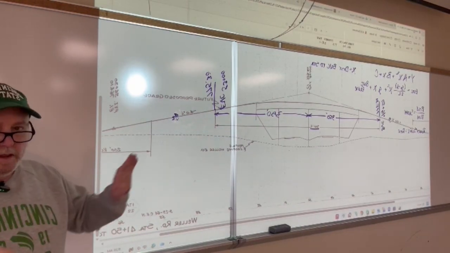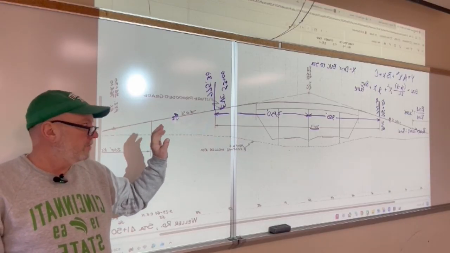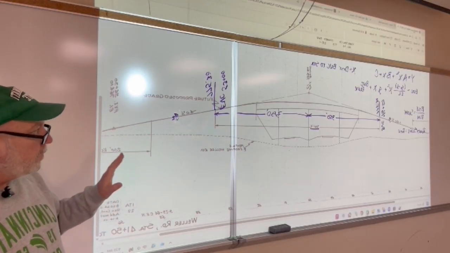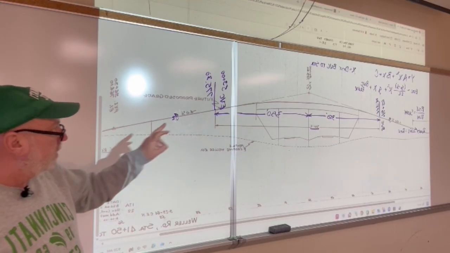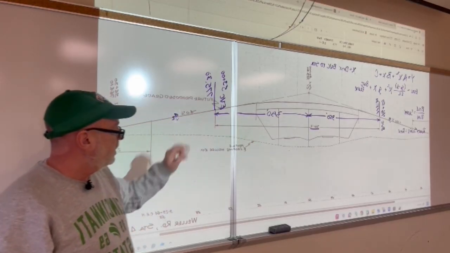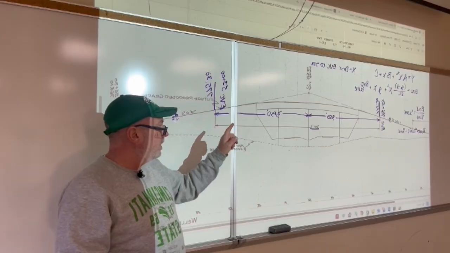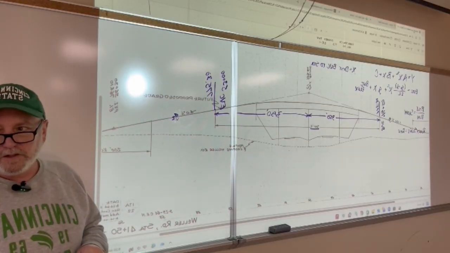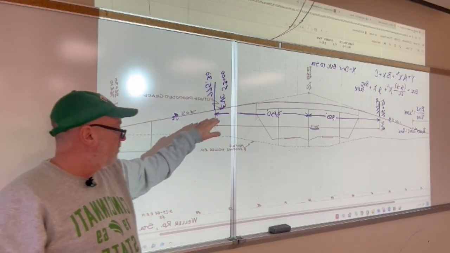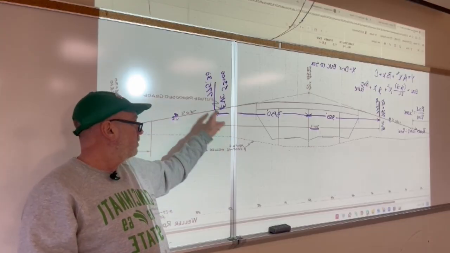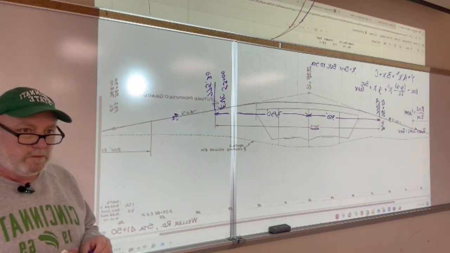This example works out this way, that the BVC and EVC elevations are the same because the grade coming in and the grade going out are the same. If you had different grades, you're going to come up with different elevations for the beginning and end.